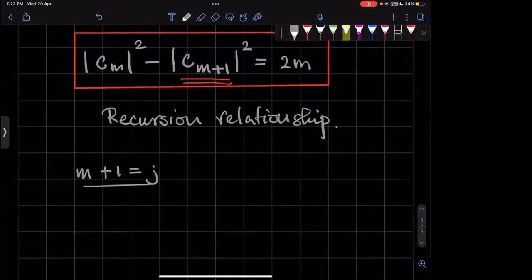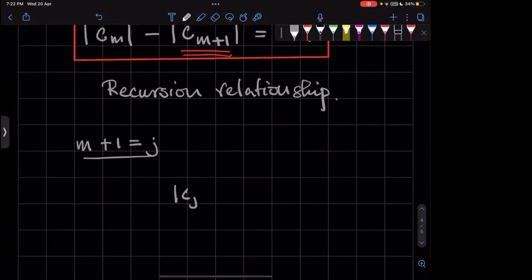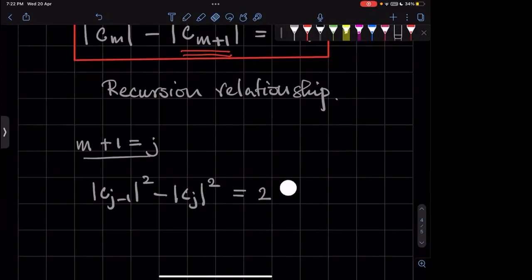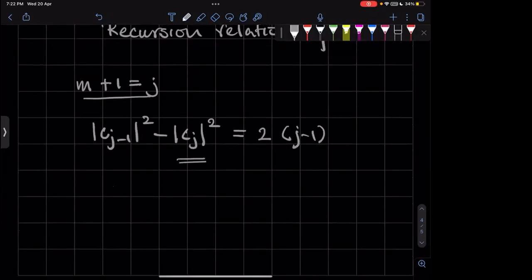If you put m plus 1 equals j in this relationship, then we get mod cj squared minus mod cj minus 1 squared. Sorry, I should write it from left to right. This is not really Arabic. And on the right hand side, in place of m, I will put j minus 1. Now we know what cj squared is. We don't know exactly what cj is.